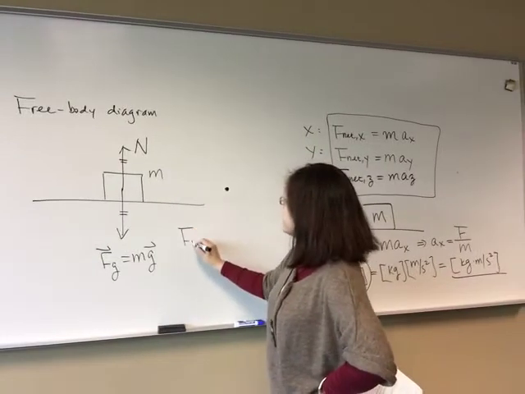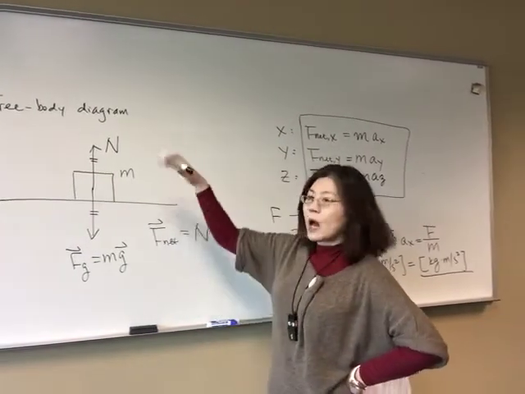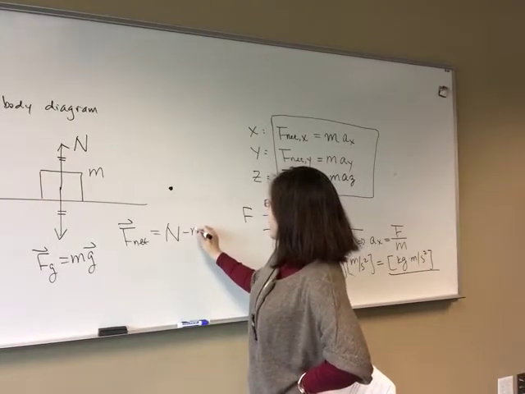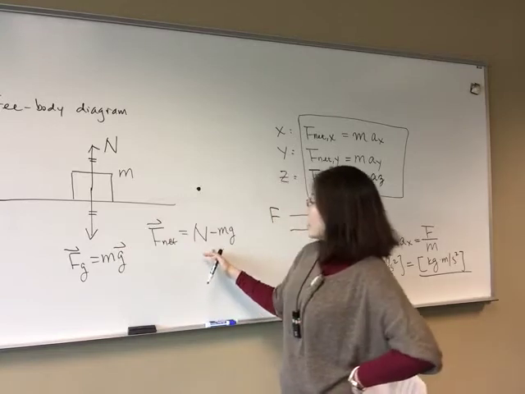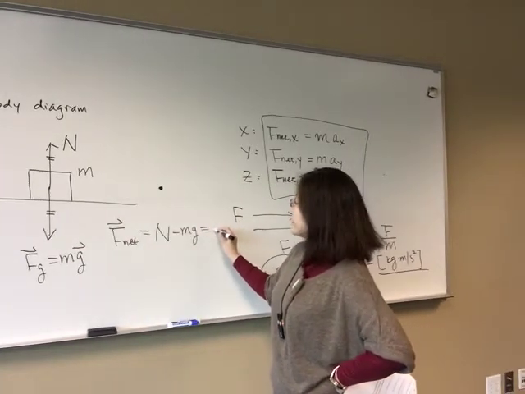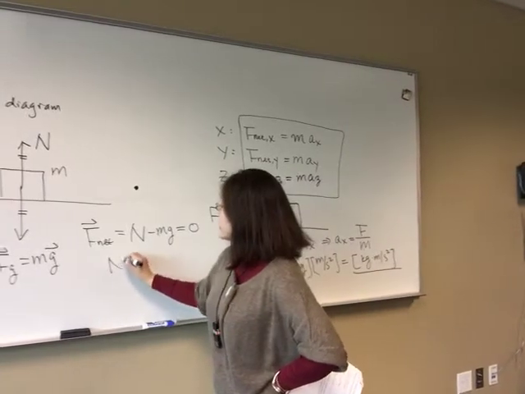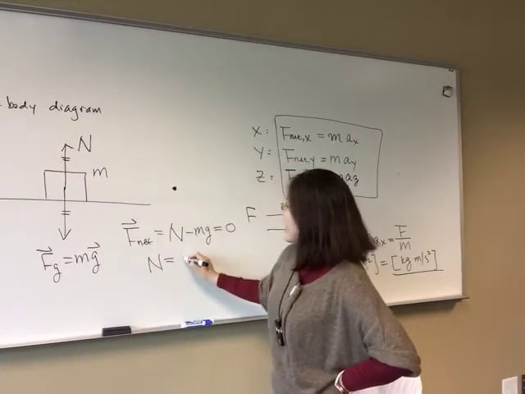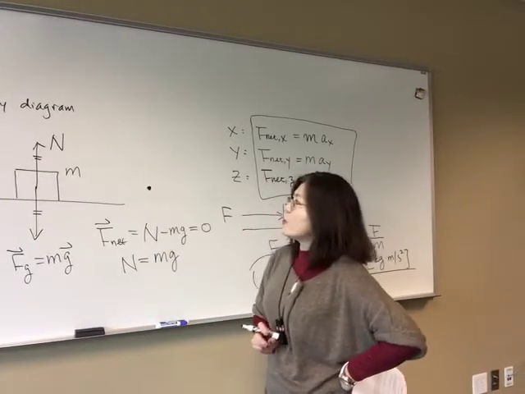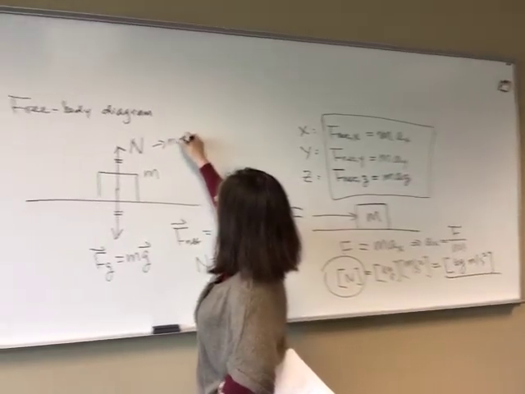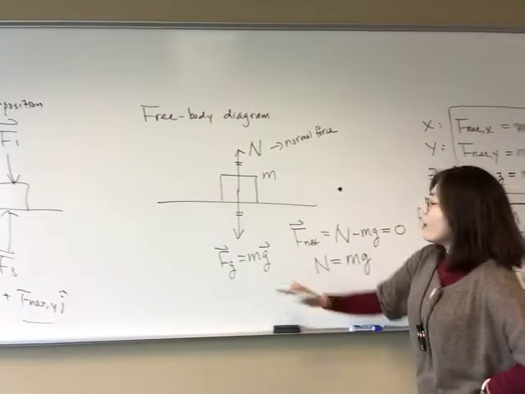The net force is equal to the normal force, which is upward, plus negative mg, which is downward, and the whole thing is equal to zero because there's no acceleration. So from this simple diagram, we know that N is equal to mg. N here is what we call the normal force.